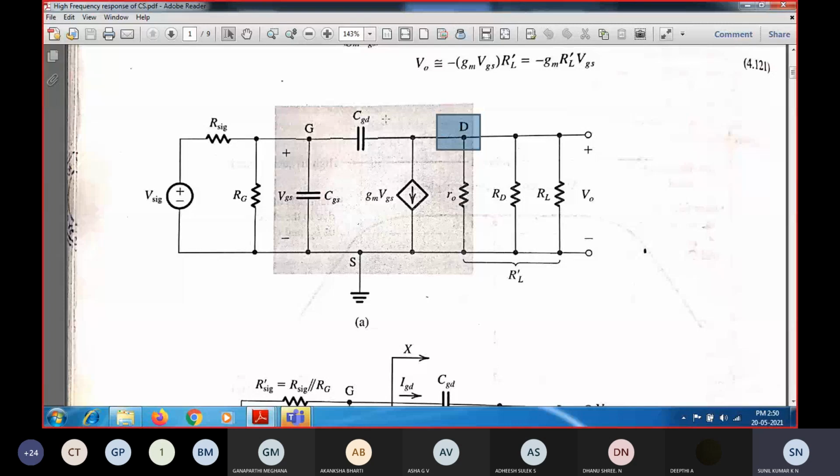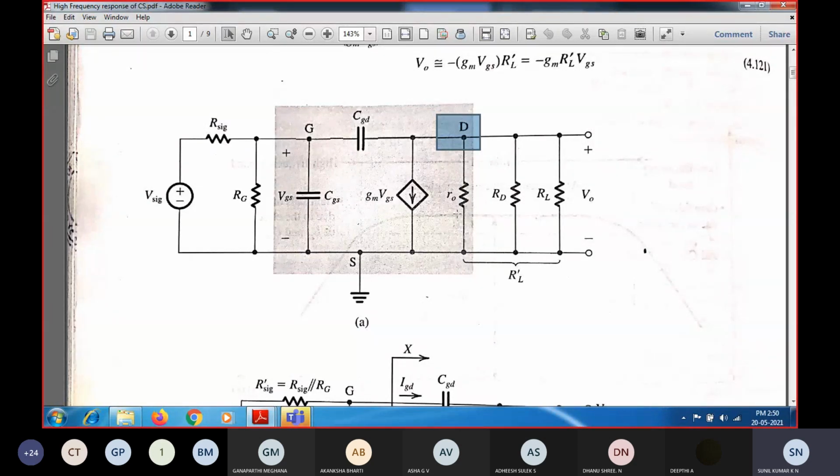If I find the value of IGD, then I can make this gate and drain capacitance appear connected between gate and source, by using an equivalent capacitance value CG.